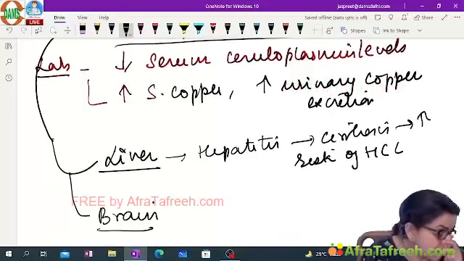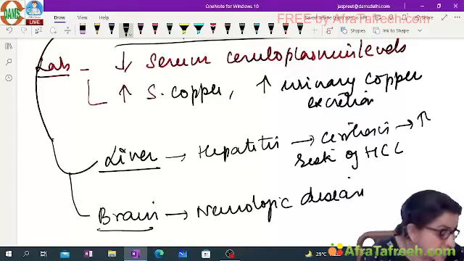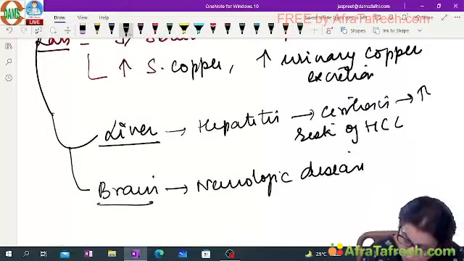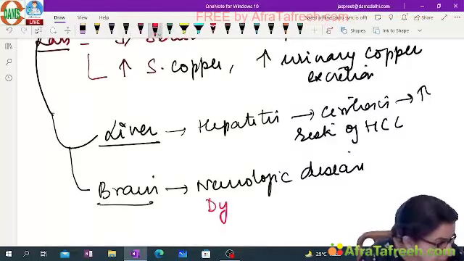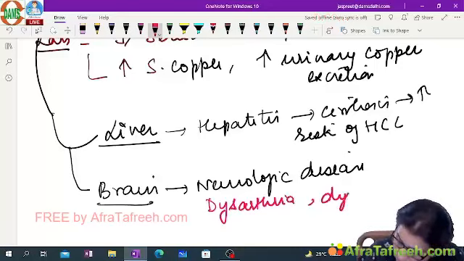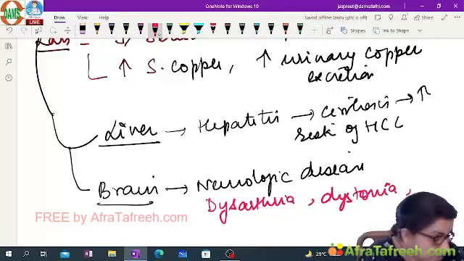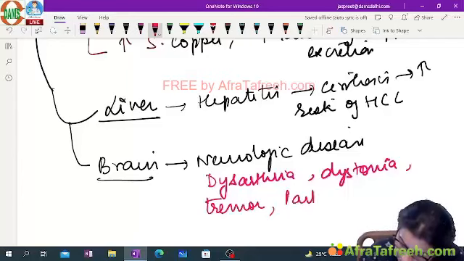Second, copper will accumulate in the brain, and the patient will have neurological signs and symptoms. So there will be neurologic disease and psychiatric disease also. So patients have dysarthria, dystonia, tremor, and can also develop Parkinsonism.